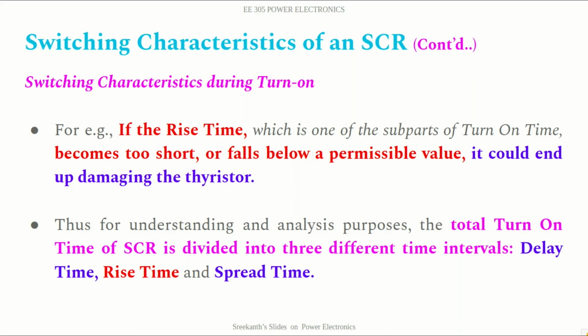So we have to analyze and control this rise time so that it doesn't damage the thyristor. Similarly, every other subsection has some use. Thus, for understanding and analysis purposes, the total turn on time of SCR is divided into 3 different time intervals: delay time, rise time, and spread time. We'll be looking into these in detail in the next lecture.